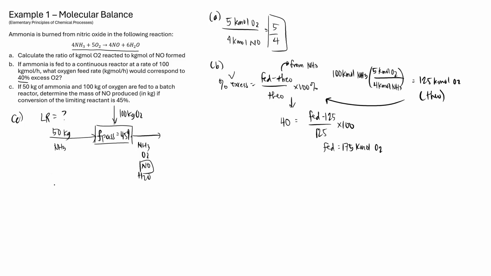So let's see. Let's start with the ammonia. That's 17 kilograms to form 1 kilomole. And then, using the chemical equation, 4 kilomoles of NH3 yields 4 kilomoles NO. That's 2.94 kilomoles.